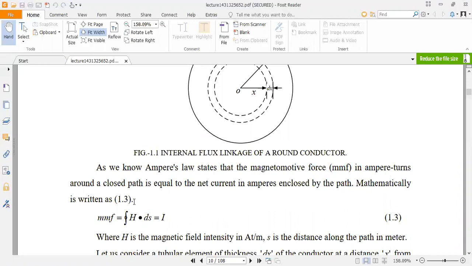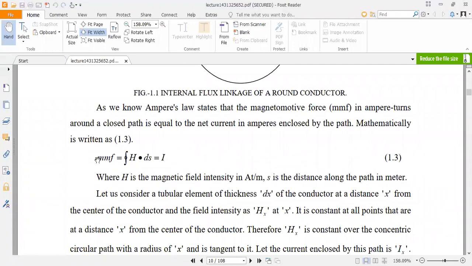Here we are applying Ampere's law, in which the MMF, the magnetomotive force, which can be described as the ampere turns N dot I, is equal to the integral around any closed path of the magnetic field intensity H and the smallest part ds. You can also describe it as the current I. Here the value of N is equal to 1.